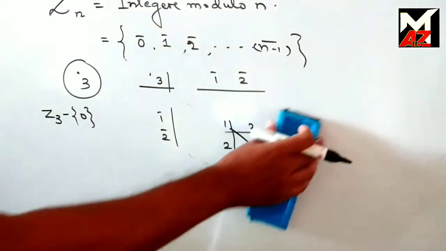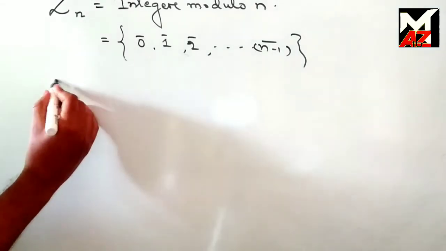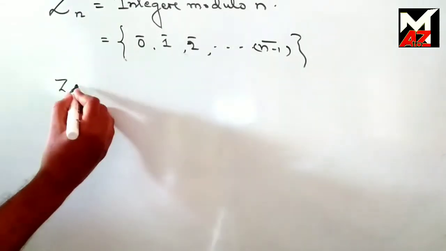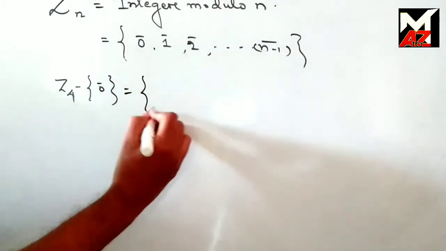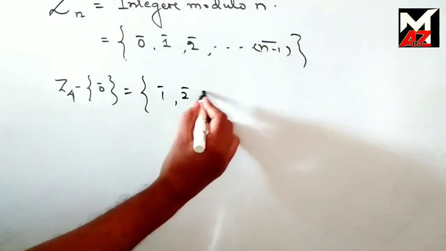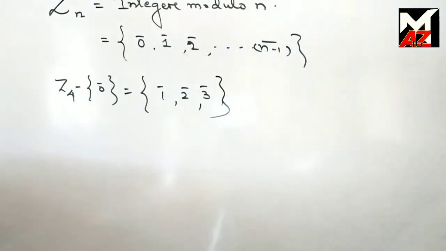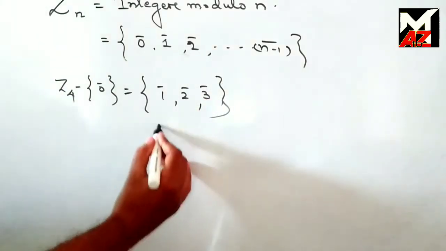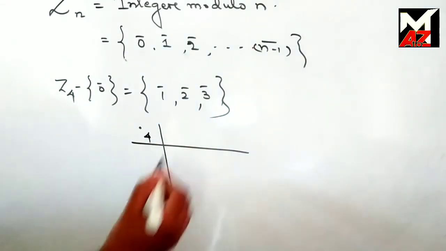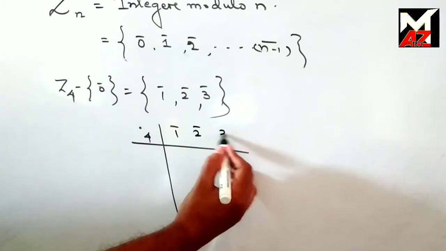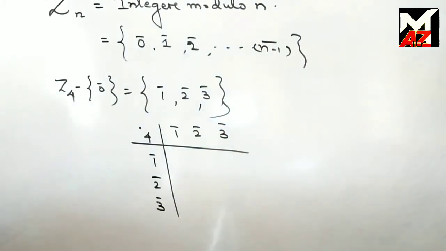Now we consider Z4 minus 0̄. This is 1̄, 2̄, 3̄, this 3 element. Now we make a composition table with respect to dot 4. 1̄, 2̄, 3̄ and 1̄, 2̄, 3̄.